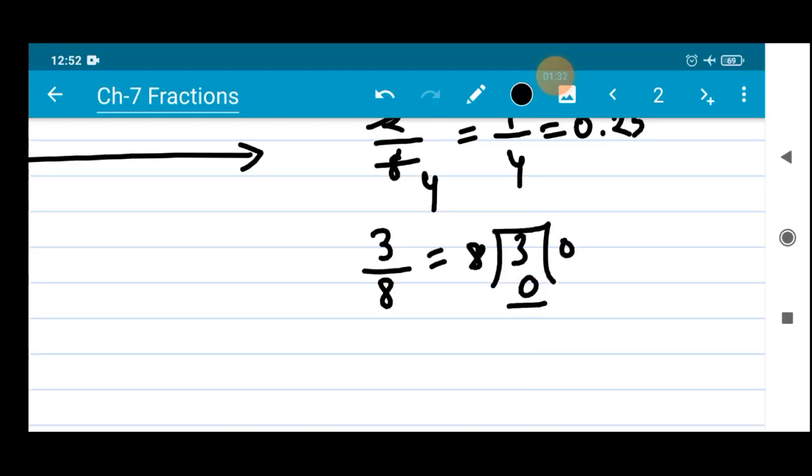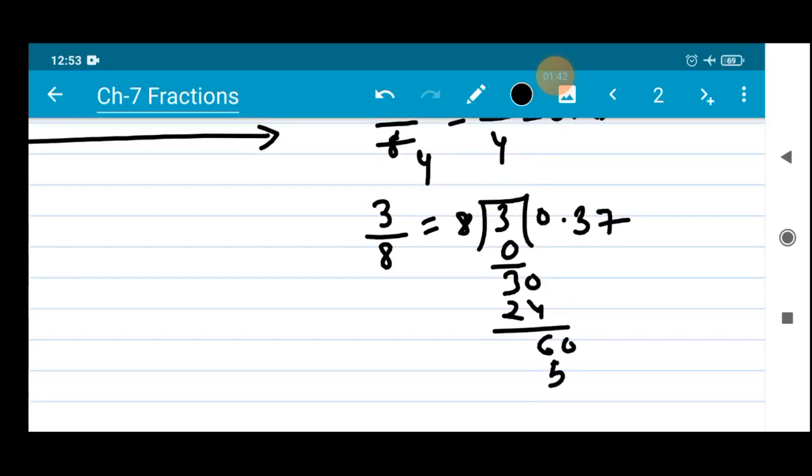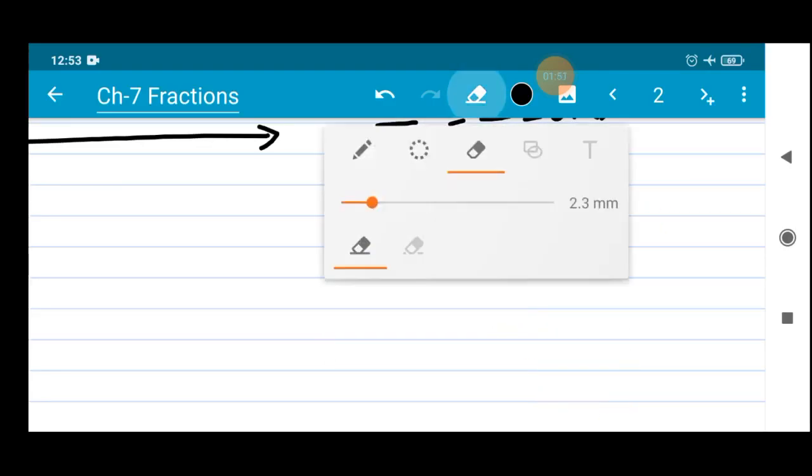8 zeros are 0, 8 threes are 24, then 6 here, 8 sevens are 56, 4 here, 8 fives are 40. So the value is 0.375.